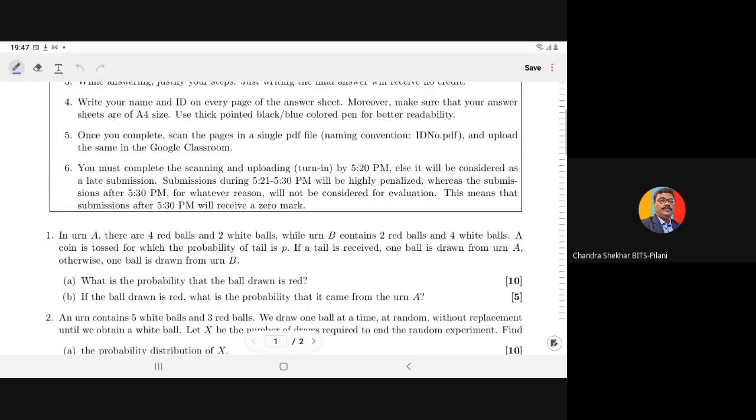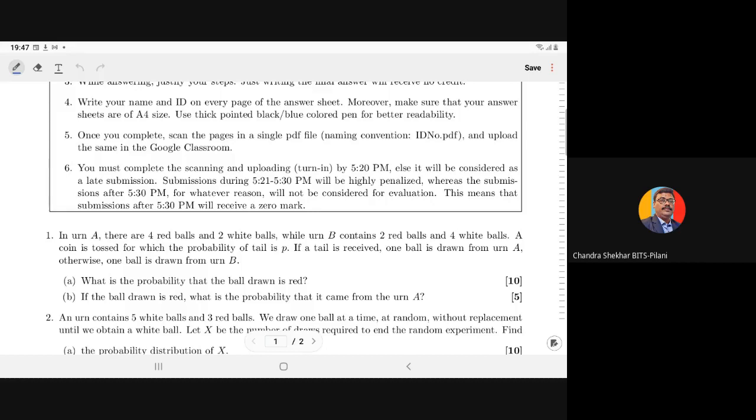In urn A, there are four red balls and two white balls, while urn B contains two red balls and four white balls. A coin is tossed for which the probability of tail is small p.